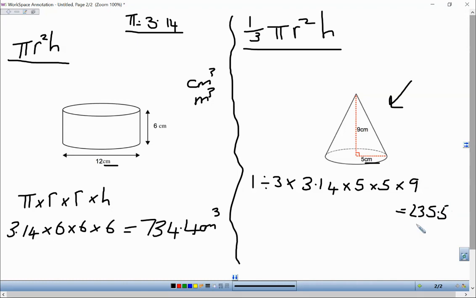And again, it's centimeters cubed. And that's how we work out the volume of a cylinder and the volume of a cone.